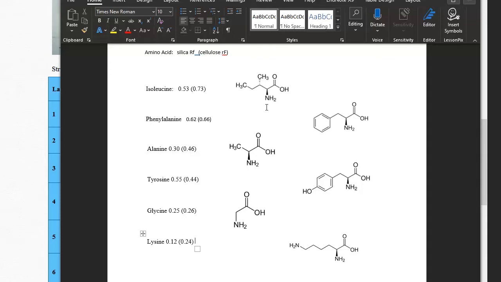So that being said, since we're under acidic conditions, the carboxylic acid will remain protonated, but all the amines will be protonated as well. So all of these NH2s actually need to be NH3 with a positive charge. So when you're drawing the structures, make sure you specify that we're under acidic conditions when we run the experiment. So make sure you protonate all of your amines and give them a positive charge.